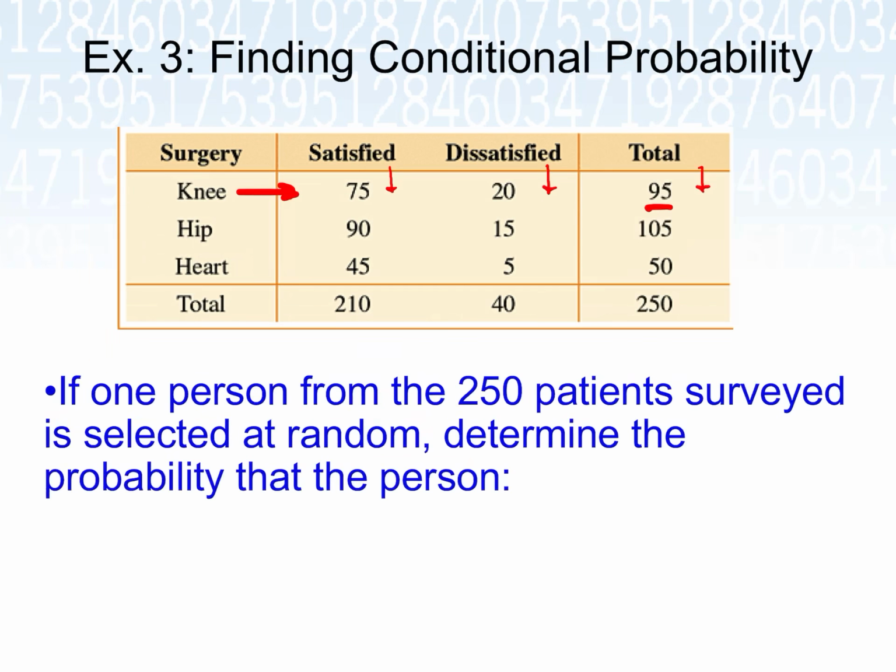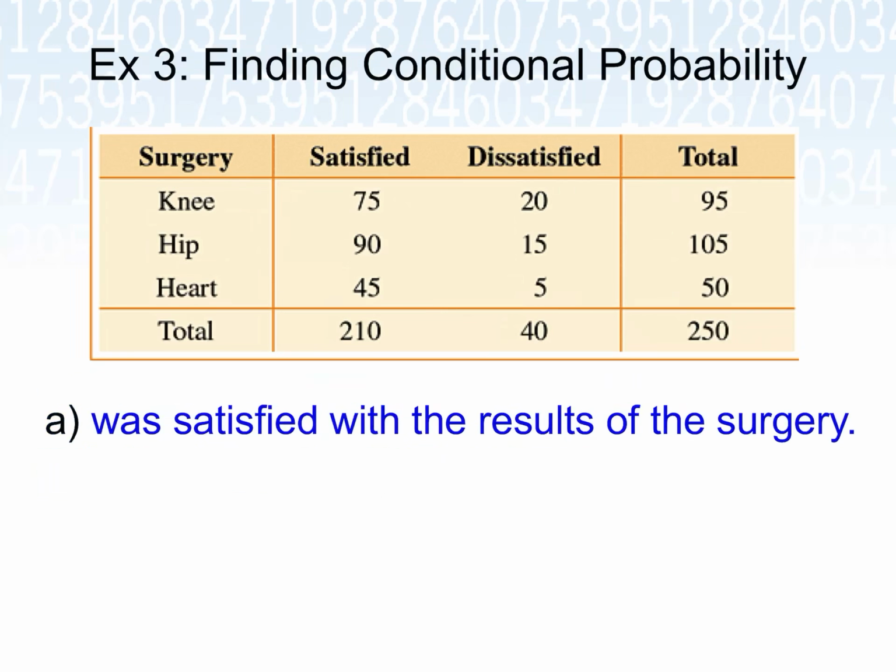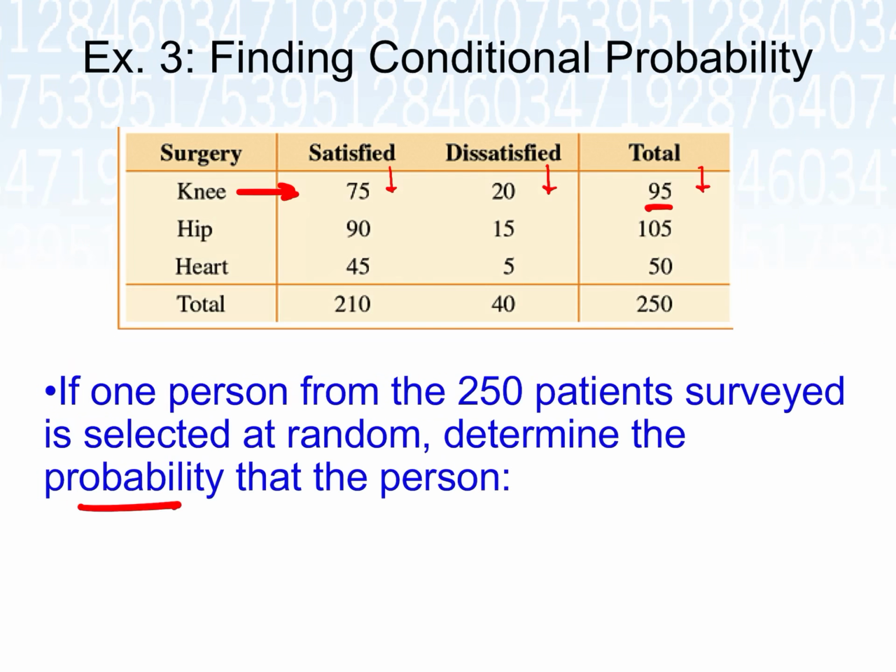Okay, so you're just picking one person, and you're wondering what's the probability. Again, we have a ratio, right? Probability that the person was satisfied with the surgery. So this is not a conditional probability. This is just asking you the likelihood that they were satisfied.